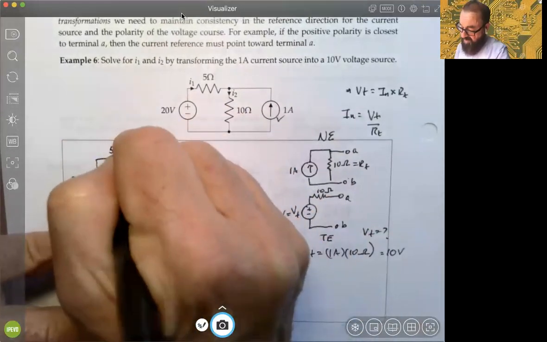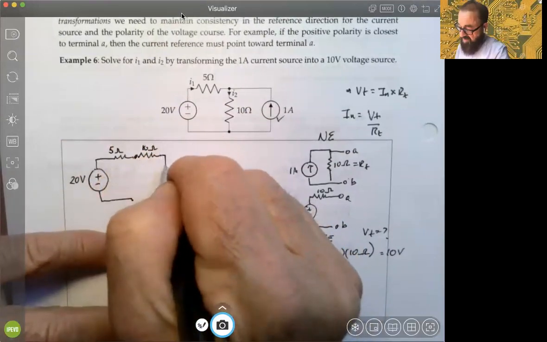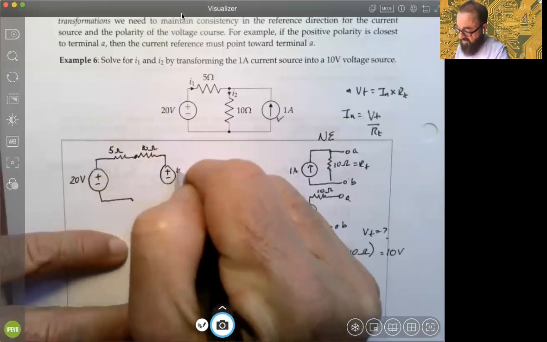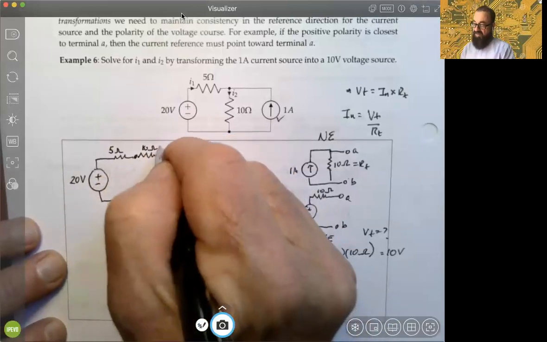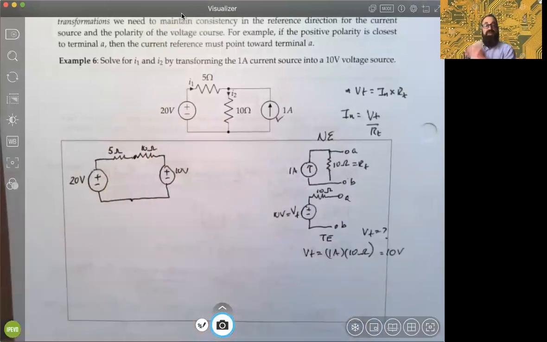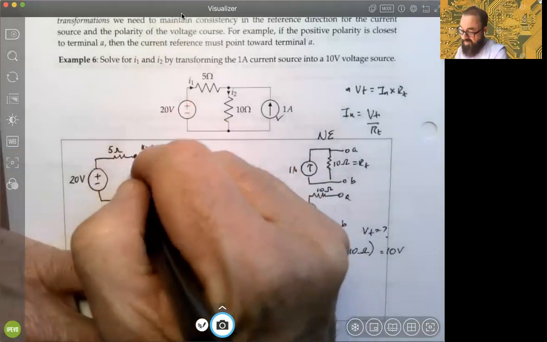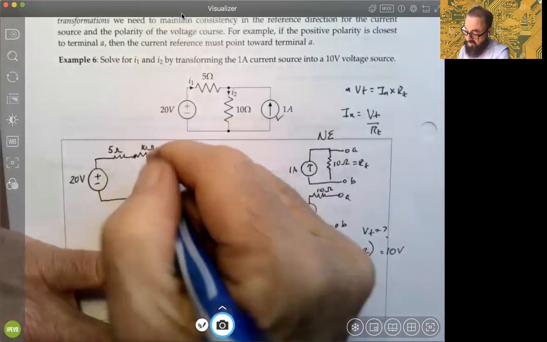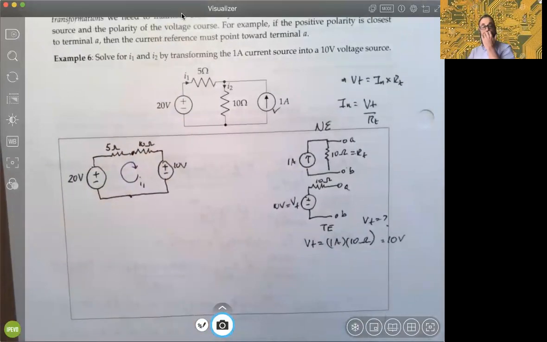So we'll have 5 ohm, 10 ohm, correct? And this comes down into a 10 volt source, okay? Again, that Thevenin resistance needs to connect to the positive pole, right? So there we go. In this case, we certainly have 1 mesh current. Everything is in series now, and we'll call it I sub 1.